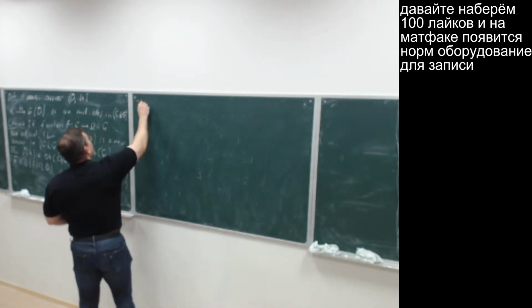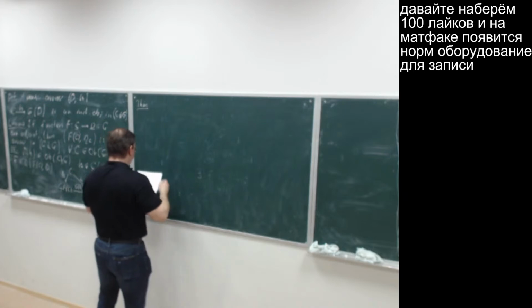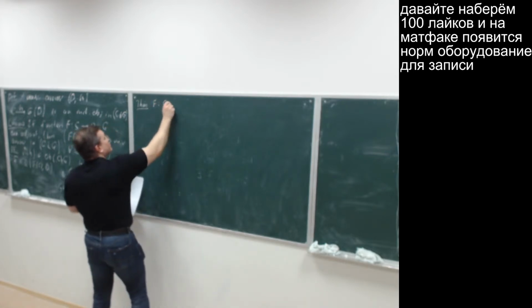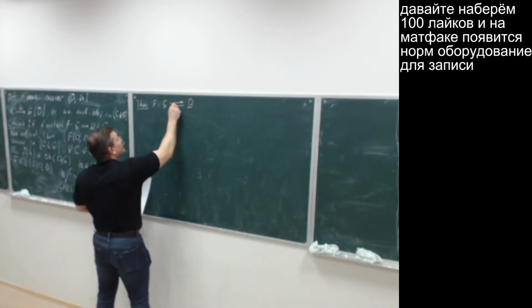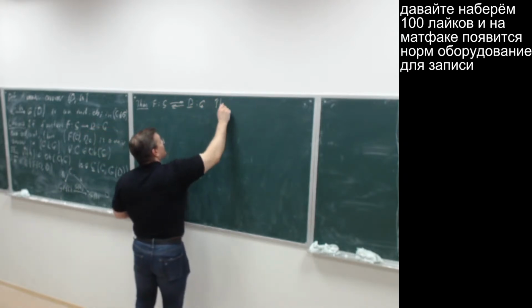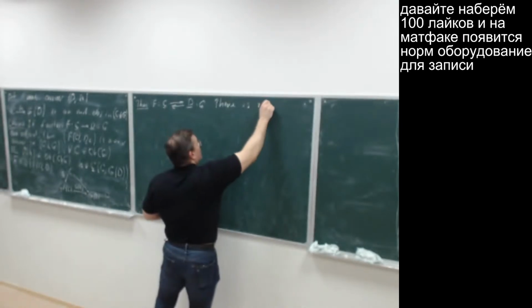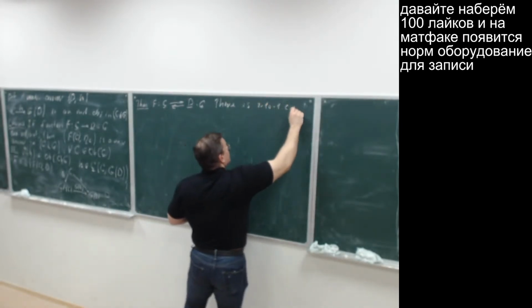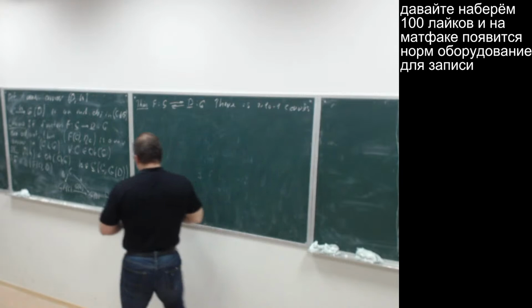Okay. And the main theorem. Suppose that before we have two functors. There is a one-to-one correspondence between the following data.